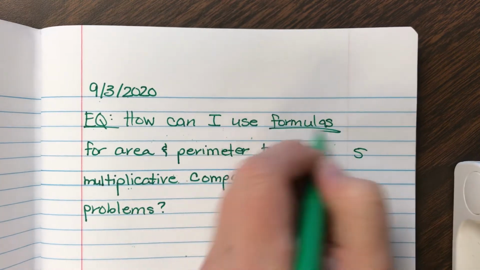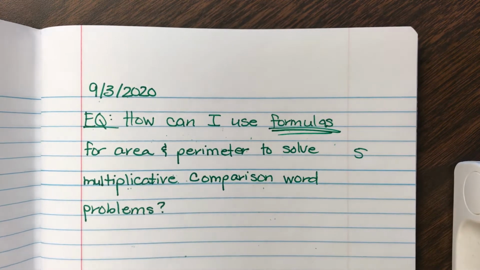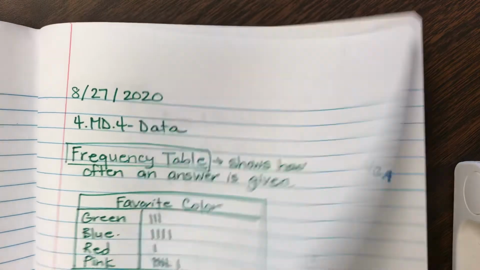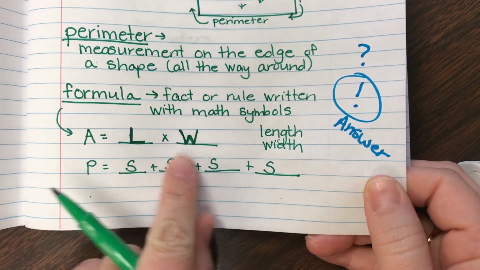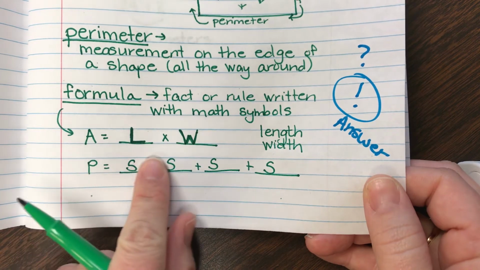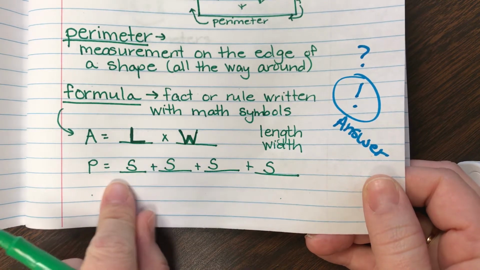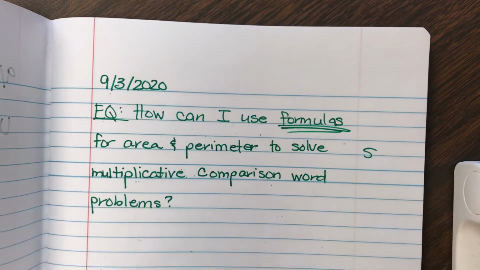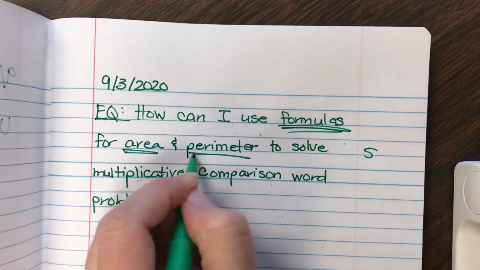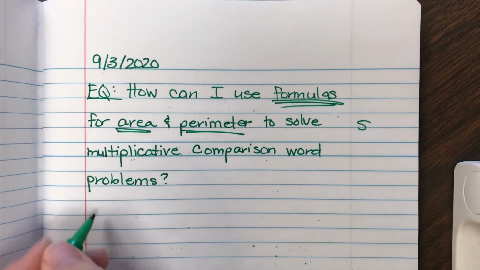We've got formulas, and we've been talking about formulas in your math journal. If you go back, you can see a formula is a factor rule written with math symbols. So we've got area equals length times width, and the perimeter equals side plus side plus side plus side, however many sides they have. We already know those formulas for area and perimeter.